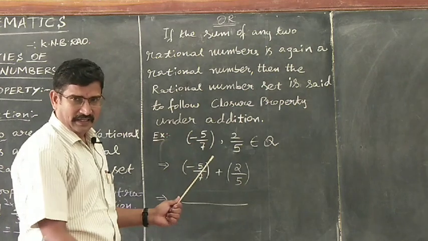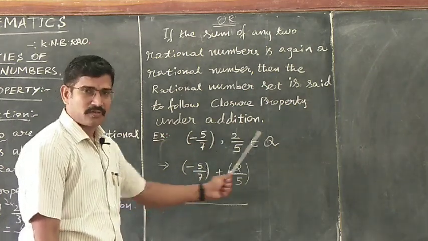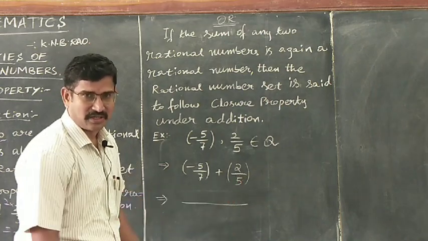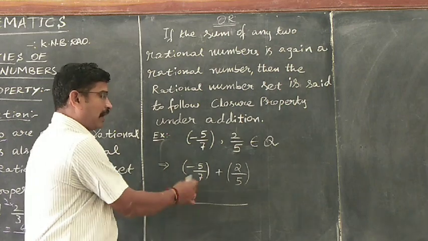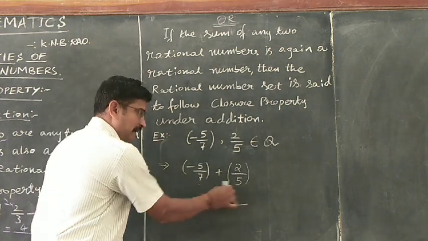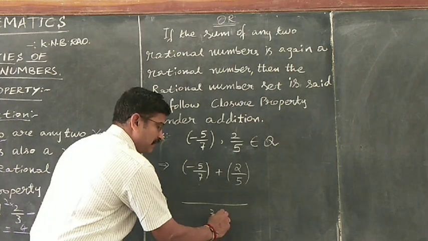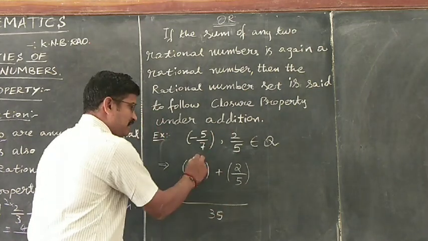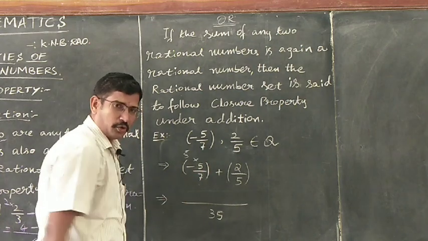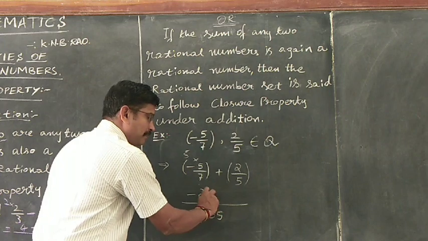For example, I took differently, minus 5 by 7 as well as 2 by 5, both belong to the rational number set, that means they are rational numbers. If I do the addition operation, same procedure, 7 and 5, their LCM is 35. 7 in 35 goes 5 times, 5 is multiplied to the numerator here, minus 5 into 5 is minus 25.